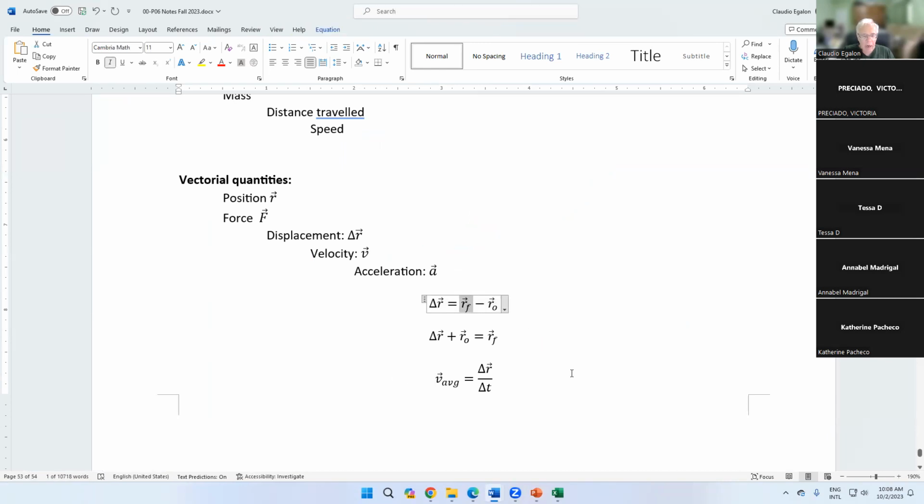Recall that rf can be denoted as x sub f in the x hat direction plus y sub f in the y hat direction, and r naught is exactly the same thing. The only thing that changes for r naught is the subscript: x naught x hat, y naught y hat.